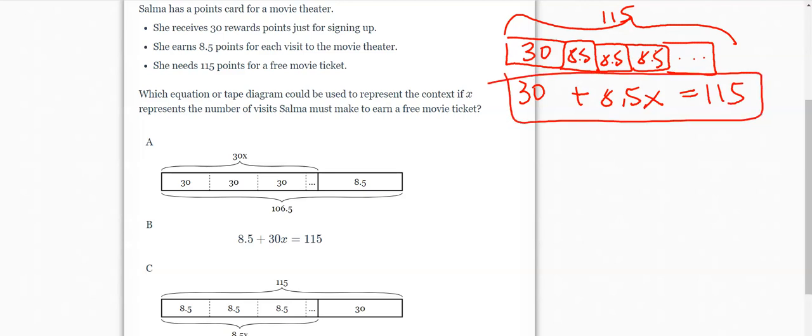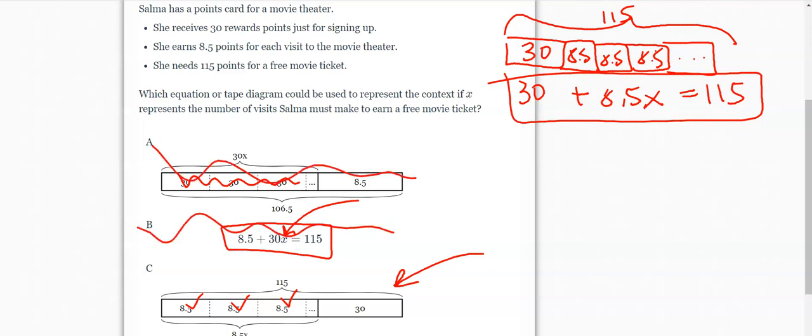There's our equation. If we look for modifications here, we definitely don't have 30 multiple times. We do have something similar to this, 8.5, 8.5, 8.5 every time she goes. And then let's take a look at this. That one also says you have 30 multiple times, which is not true. So these two don't work.